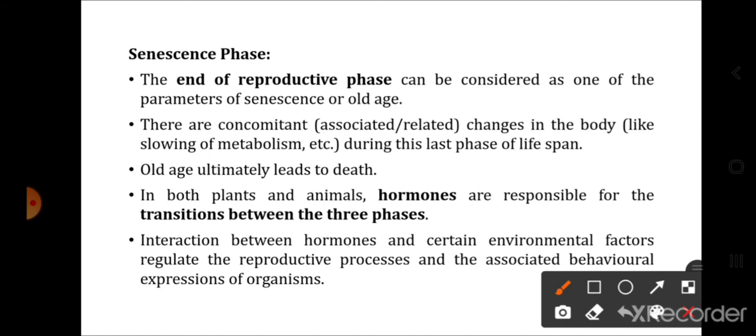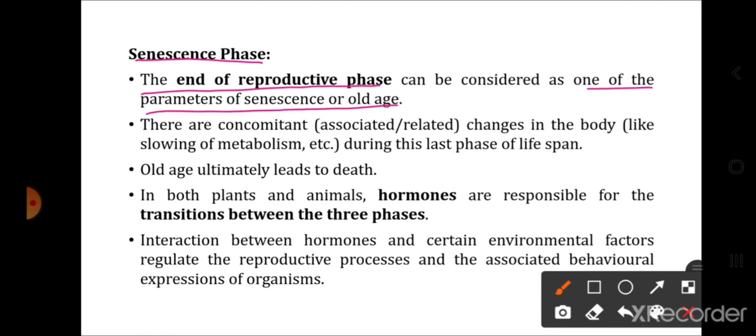Now, that was regarding the reproductive phase, right? Now, the next phase is the senescent phase. The end of the reproductive phase can be considered as one of the parameters of senescence or old age. Senescence is aging. So, one of the factors for aging is the end of the reproductive phase.